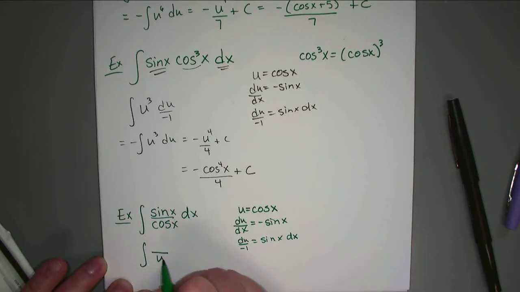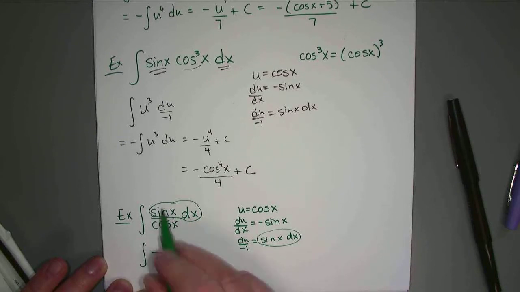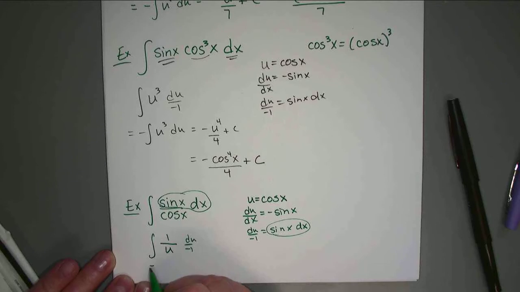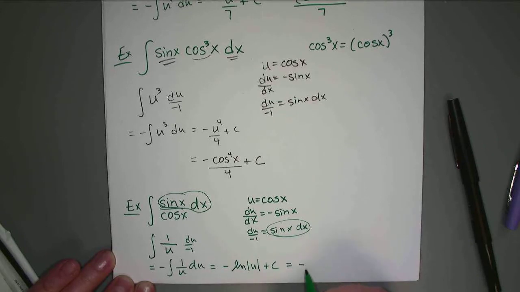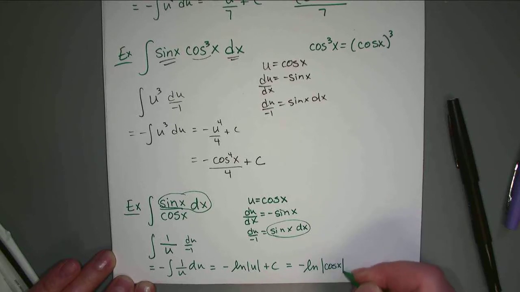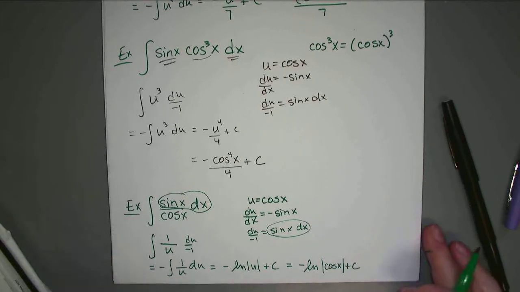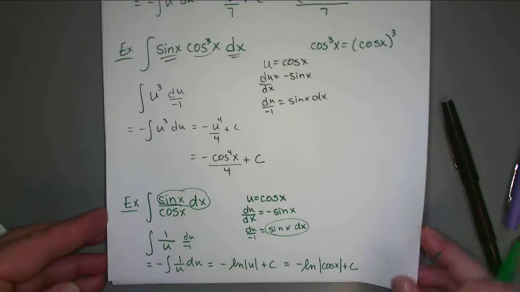So u is on the bottom. Sine x and the dx are going to be du over negative 1. We don't have anything left on top, so we'll put a 1. 1 over u is ln u. So we get minus ln of cos x plus c.